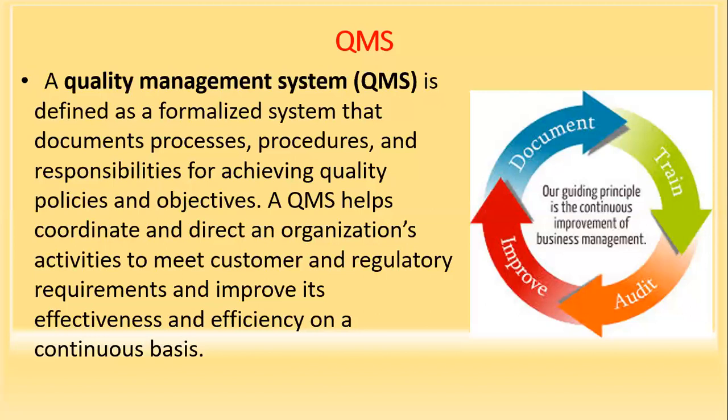Right? So there is nothing like perfect. There is always scope for improvement. So based on the taste of the customers and the improvement in technology, they keep on regulating their procedures.